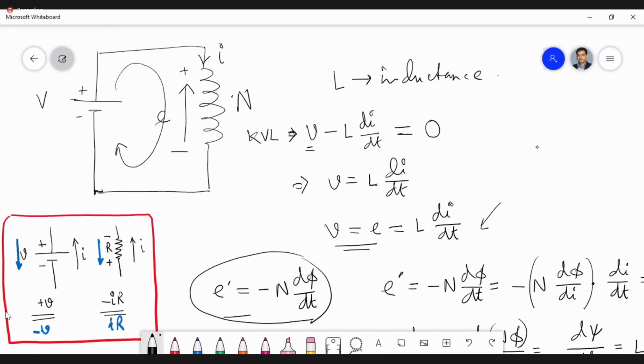Okay, but suppose I change the polarity. Suppose that is the definition of E, and this is the definition of minus E. Sorry, this is the definition of E prime.